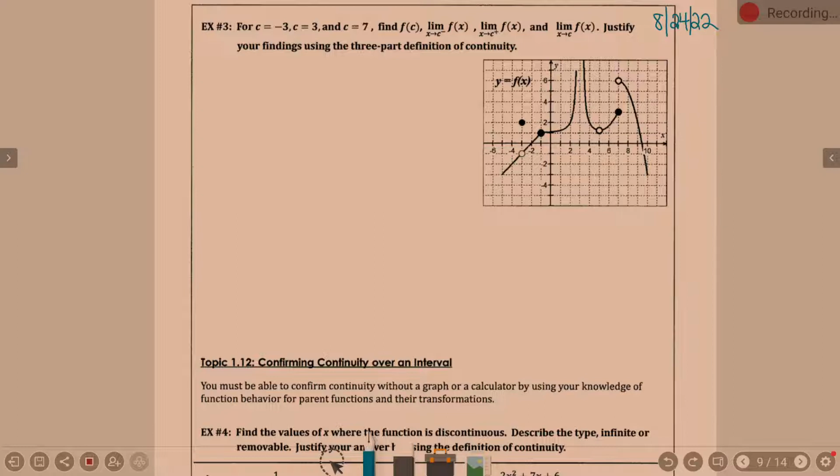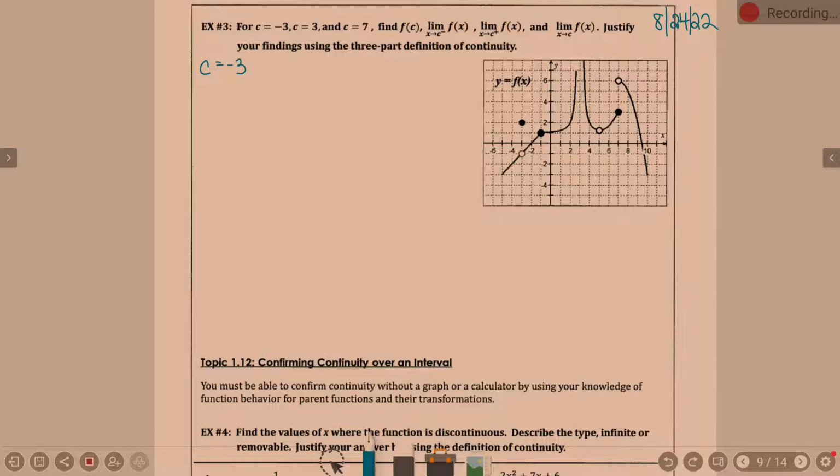Not just saying, yep, looks continuous, or nope, doesn't look continuous, but based on our official definition. I'm going to put c equals -3 because that's the case we're going through right now.